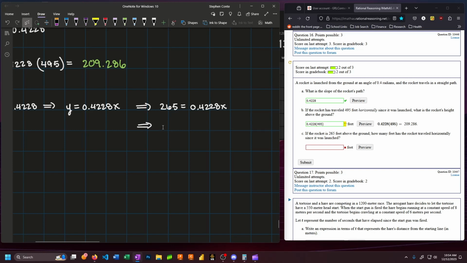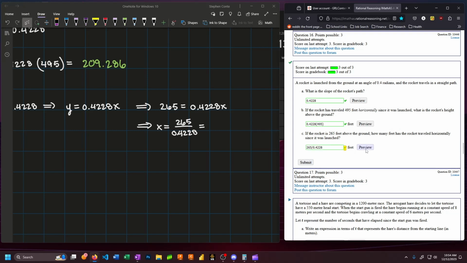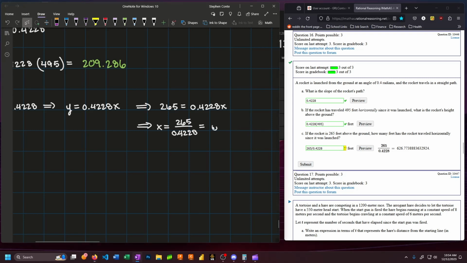So that would tell me that x is equal to 265 divided by 0.4228. And since we're dividing by a number that's less than 1, I would expect this number to be a little more than double. And that's correct. So x is equal to 626.7739 feet.